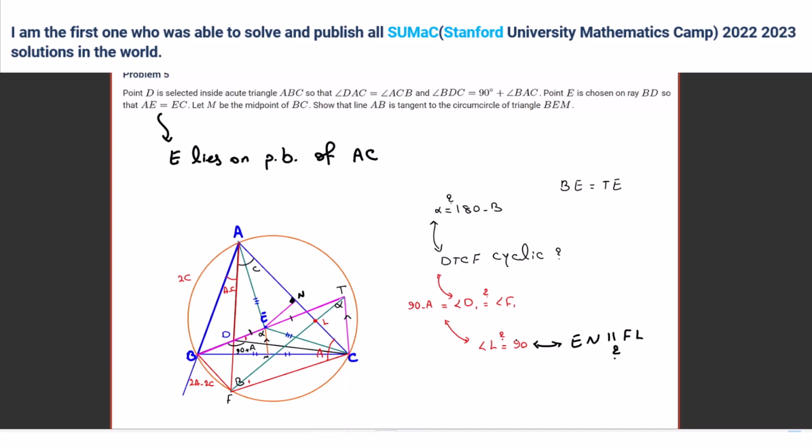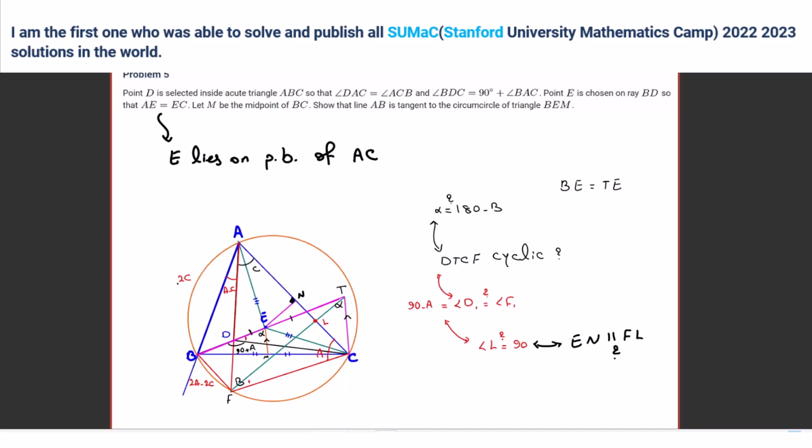So can we prove these two are parallel to each other? If you prove the angles NET and BTF are equal, maybe. Let's see what are the things that we have.